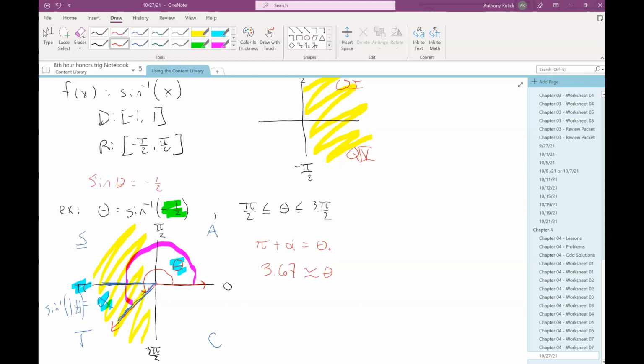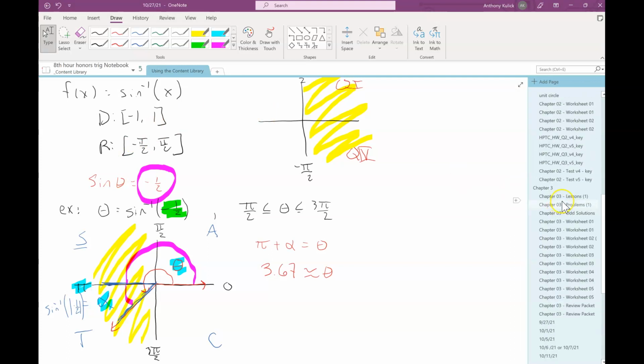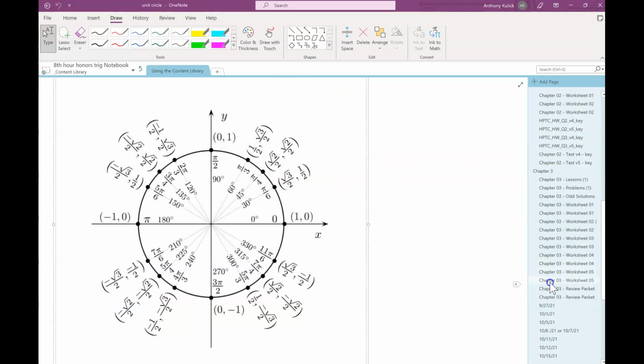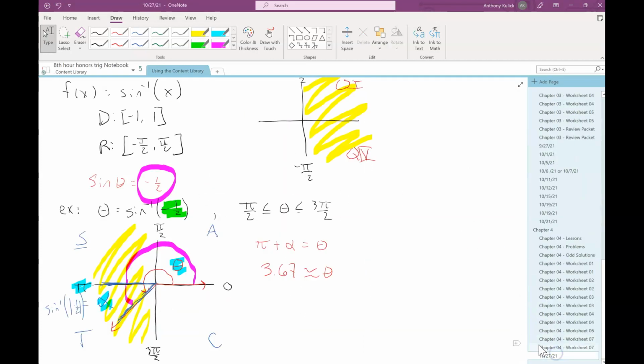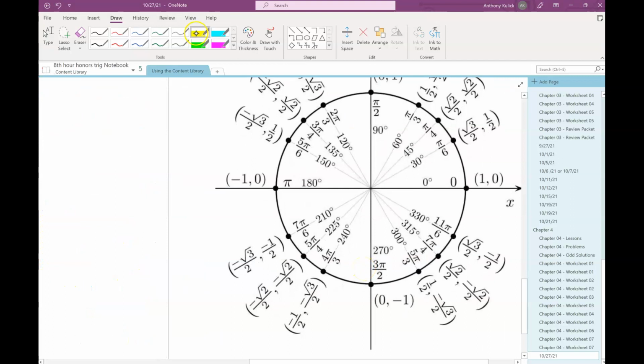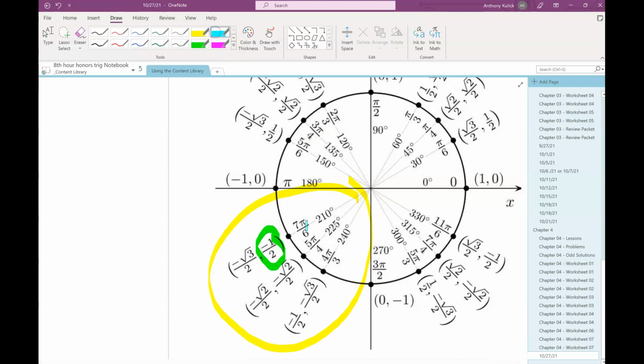So far, so good? Now, alternatively, I recognize negative 1/2 as a unit circle value. That was a value that came up on the unit circle. So alternatively, what I could do is go to my unit circle, look in quadrant 3, find the place where the y coordinate is negative 1/2, and that should be my value of theta.